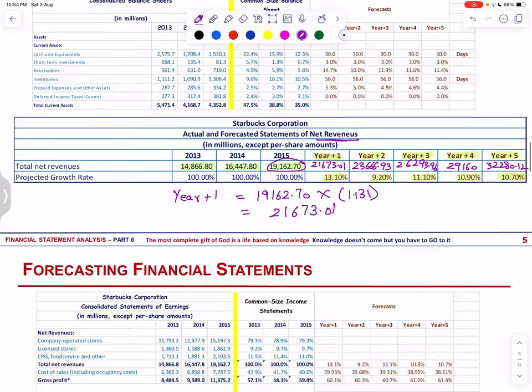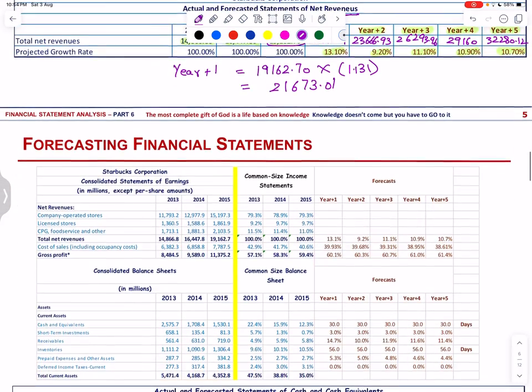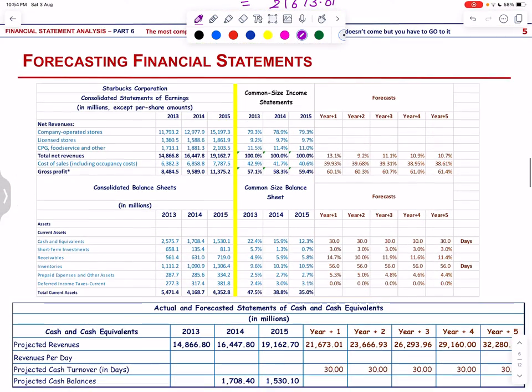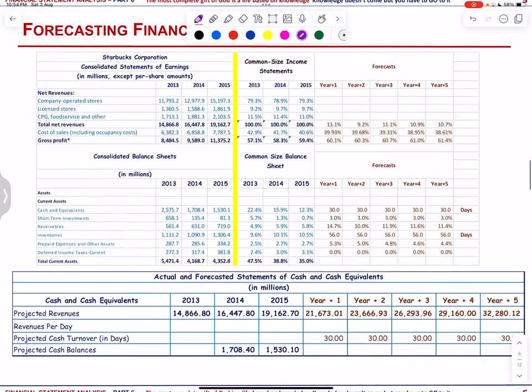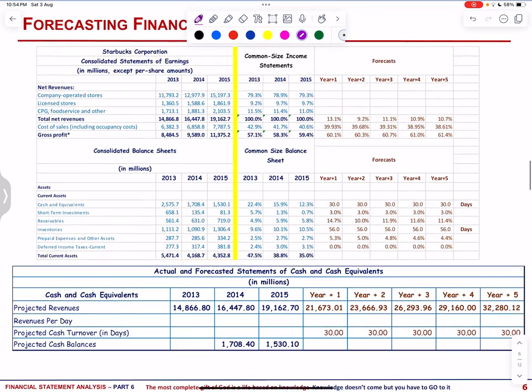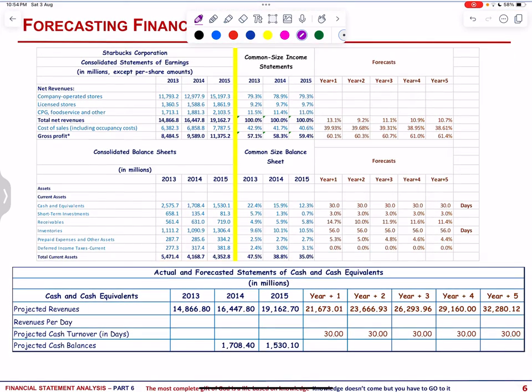Next, let us project the cash and cash equivalents for Starbucks for the same period. Now the projected revenues, obviously these are for the years 2013, 14, and 15.